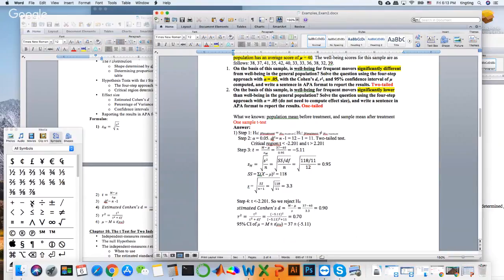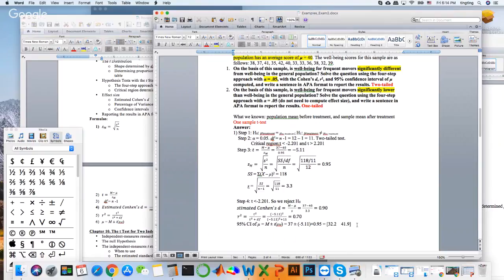And then times SM we also know. Use your calculator to solve it. Let me tell you the answer. We have two numbers for the confidence interval. That's it. And then the last thing is to write a sentence in APA format to report the result.